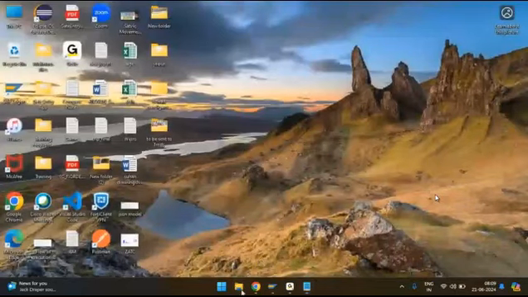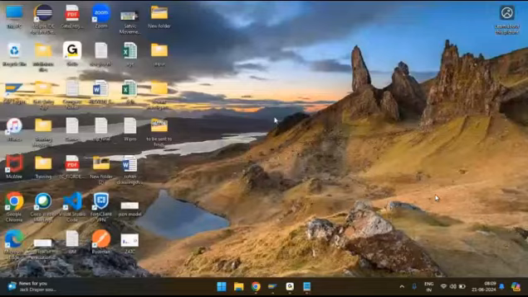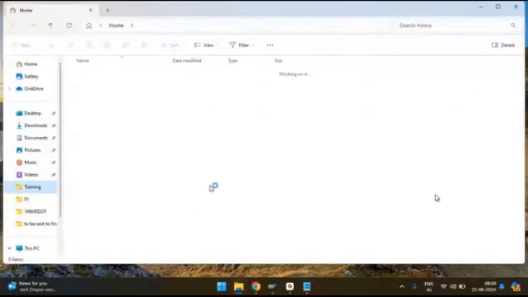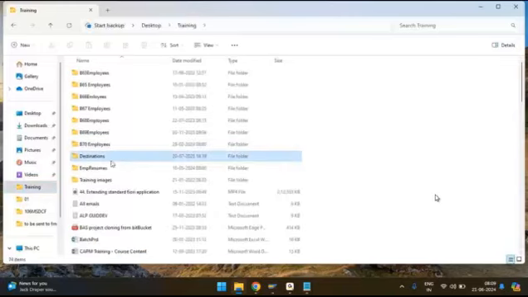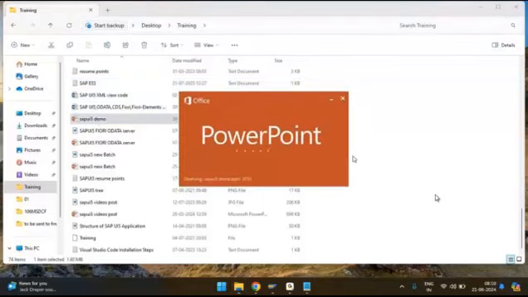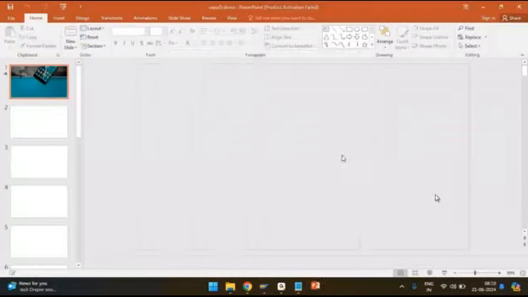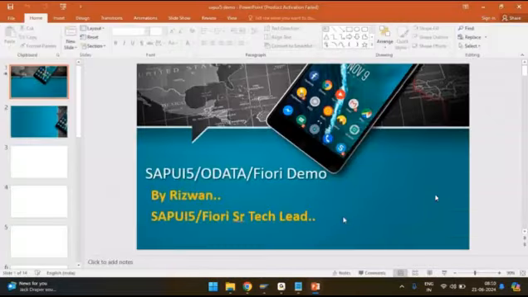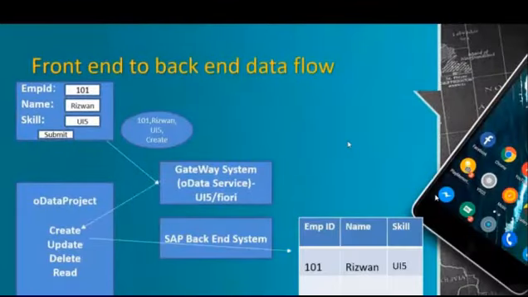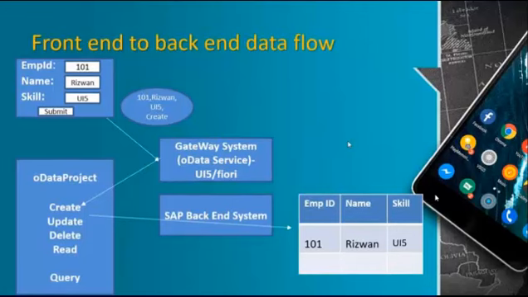Before we start the OData project, let us first briefly recap why OData is needed. What is the importance of OData in our SAP UI5 project?